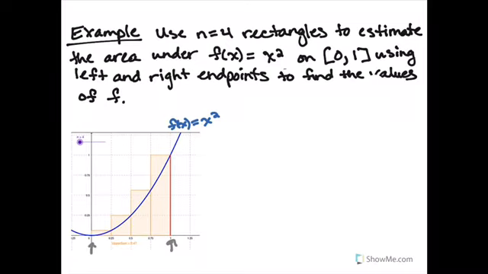The first way is using right endpoints to find the heights of my rectangles. So for this rectangle, we're going to pick the right side of it to find the height. And then for the next rectangle, we're going to pick the right side of it where it matches up with the curve to find the height. And then here and here.